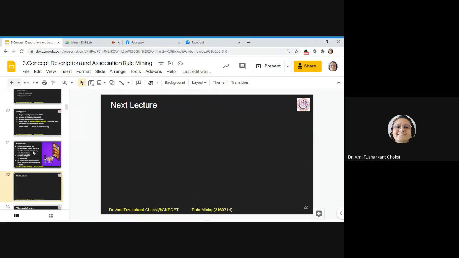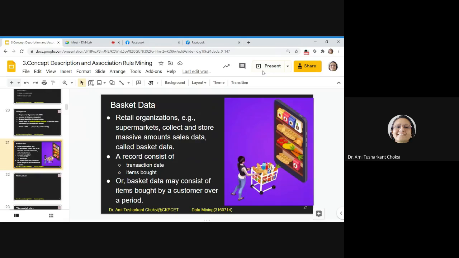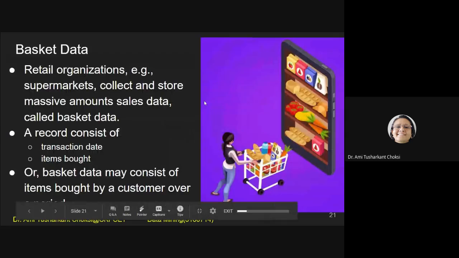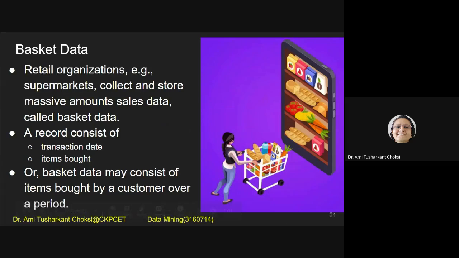So, last time we studied the basket data, and we now want to do the analysis of the basket data, and give the rules of the way people are purchasing the items.